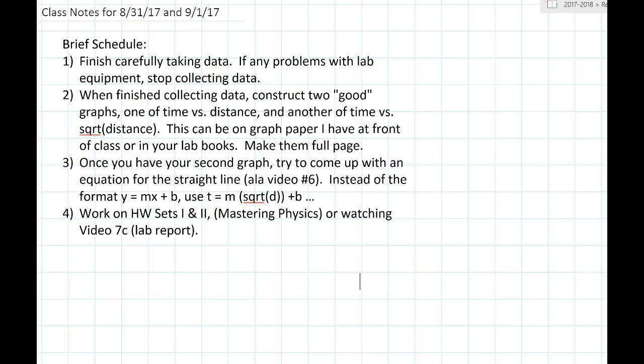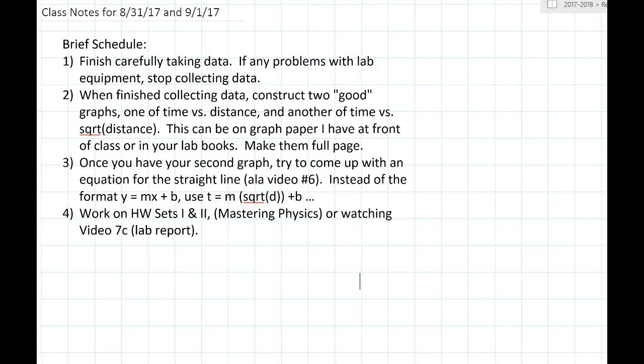If there are any problems, such as there's a problem with one of the switches, it won't activate, one of the clocks won't work, then you should just stop collecting data, and you can take the rest of your data next week. Okay, so there's not going to be any penalties or anything like that. It's not due right away, so it's better for you to safely collect data and not cause any damage to the equipment. Okay?